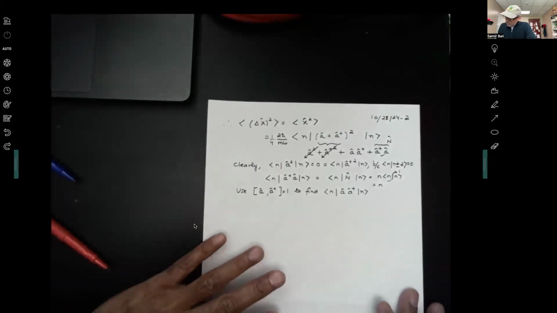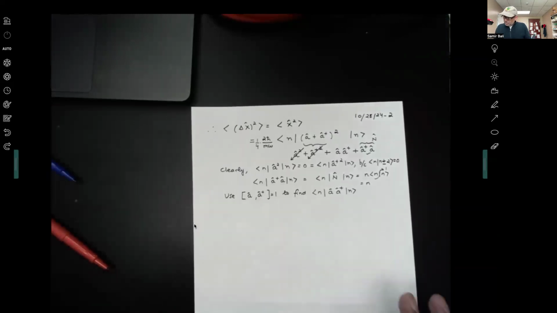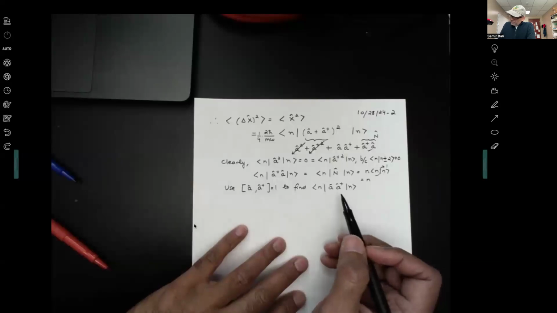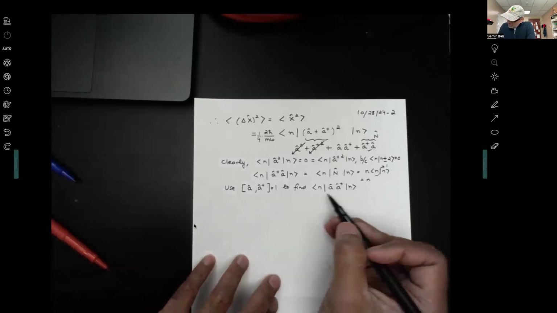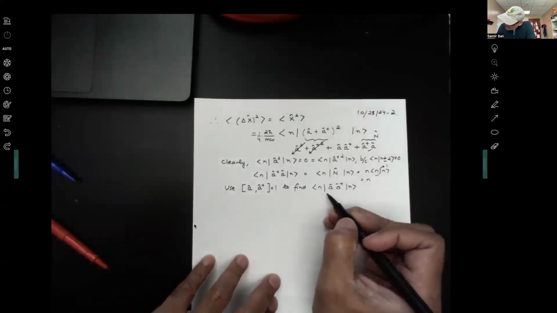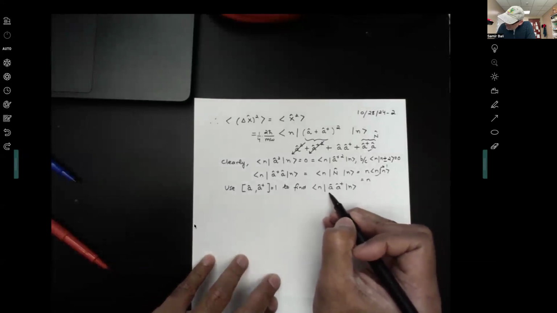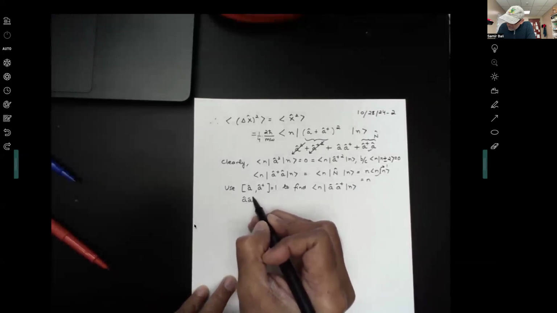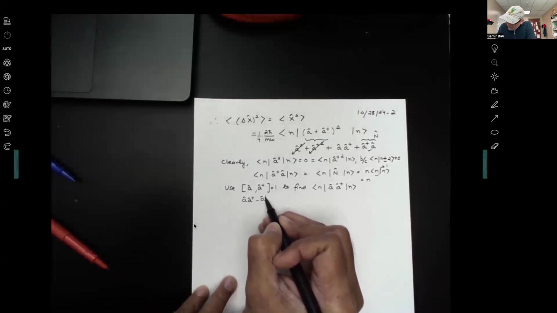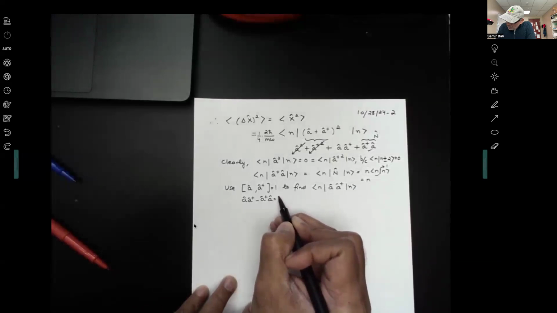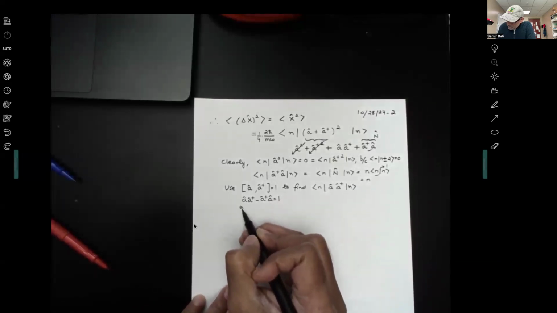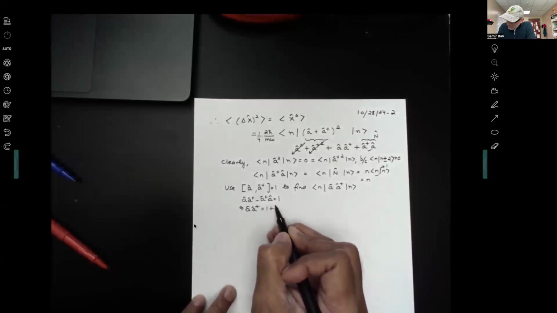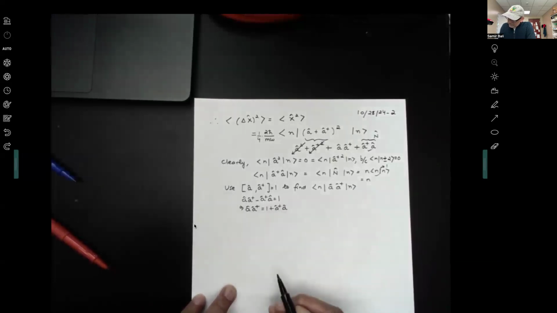And what would we find? Because this is easy, so you can replace, this tells you that A A dagger minus A dagger A equals 1, which implies, and this is something we use a lot, okay?